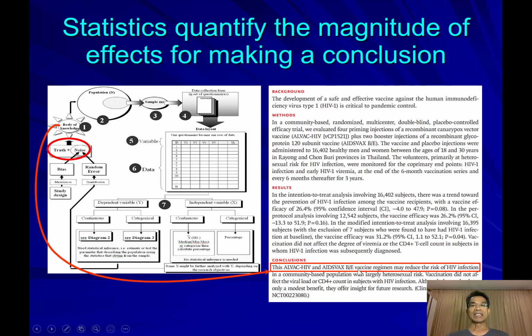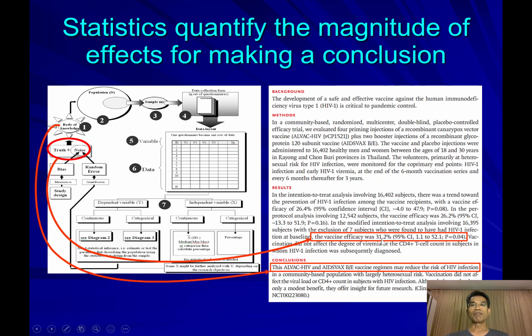Now the next one is, what is the basis that this claim uses? So this one, we work backward. This one is the magnitude of effect. In this example, it is about vaccine efficacy.